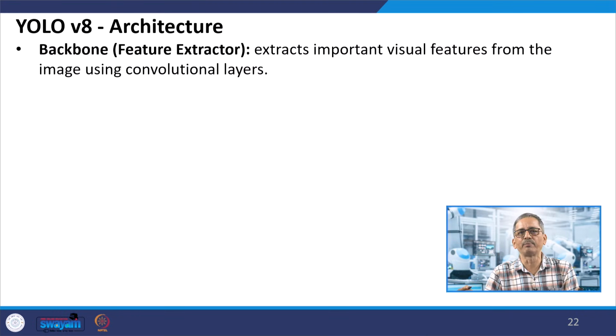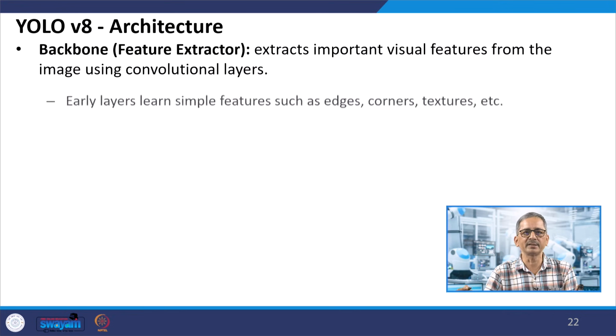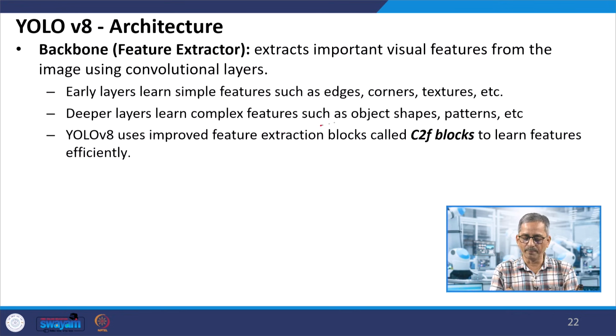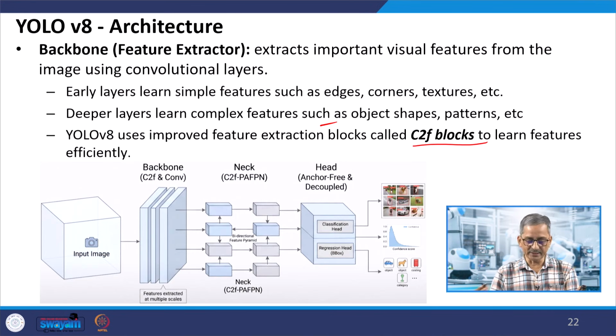It extracts important visual features from the image using convolutional layers. Deep layers for the complex features are there, and it uses C2F blocks to learn features efficiently. So, this is how it looks: you have the input image, backbone, C2F and the convolution. Then you have a neck here, and the head, anchor-free and decoupled as I discussed, and then you have the classification and the regression of bounding boxes.